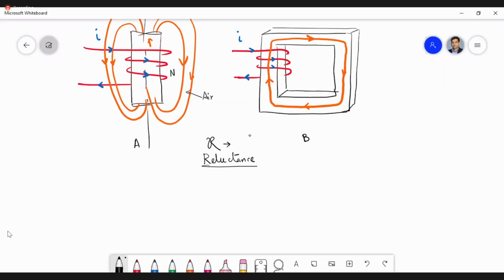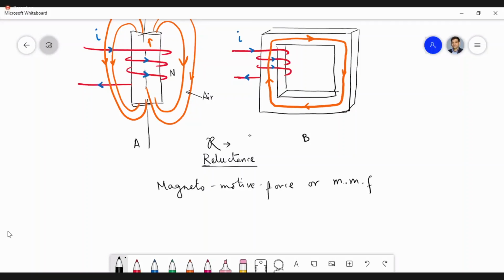And you should know that just like the EMF, electromotive force, or voltage, for electrical circuits, for a magnetic circuit we have a magnetomotive force, or MMF.